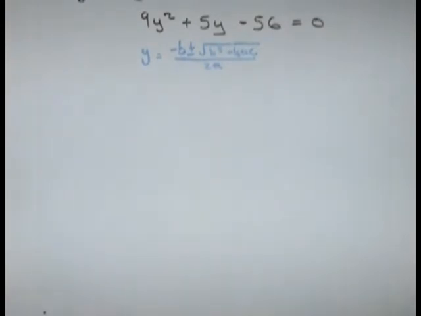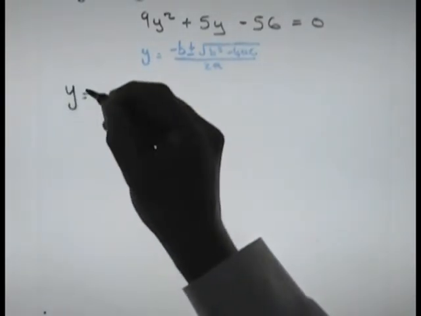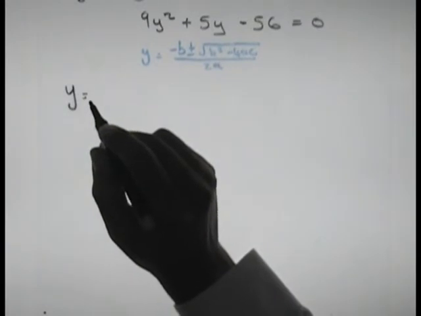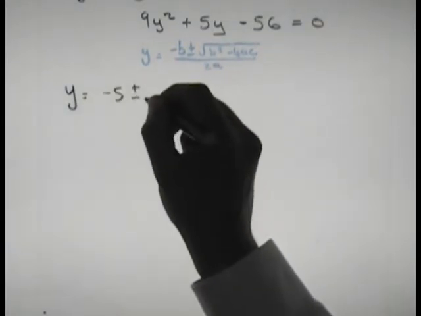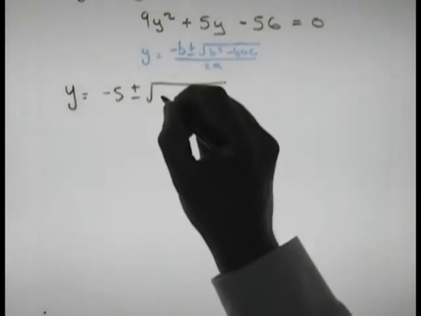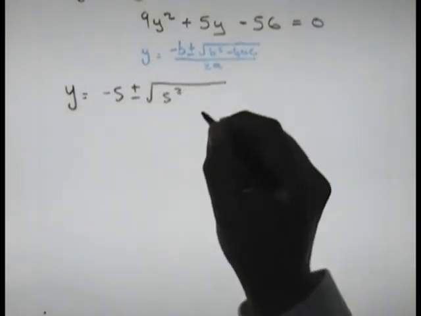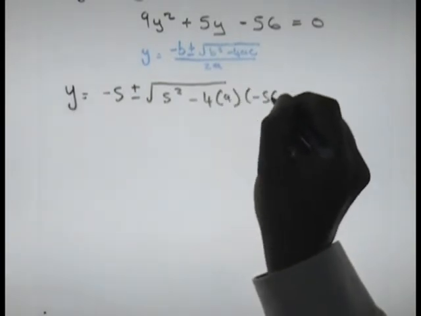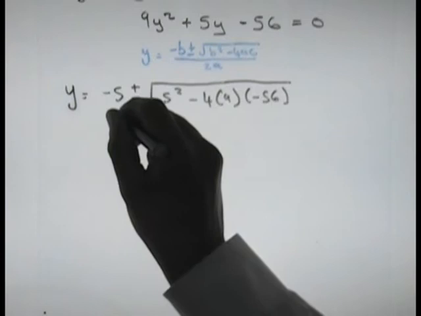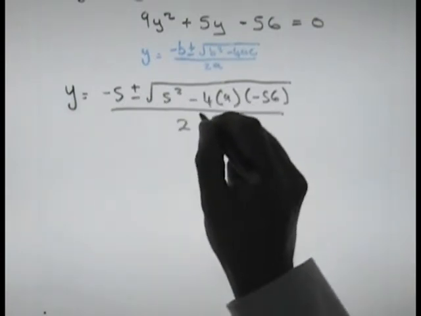That means that y is going to equal minus 5 plus minus square root of 5 squared minus 4ac over 2a.